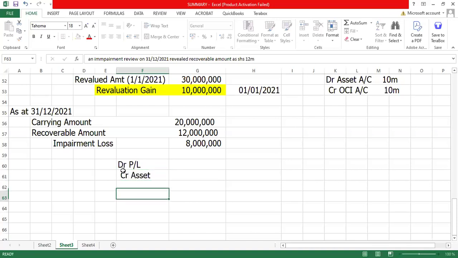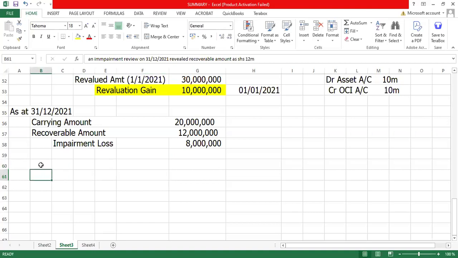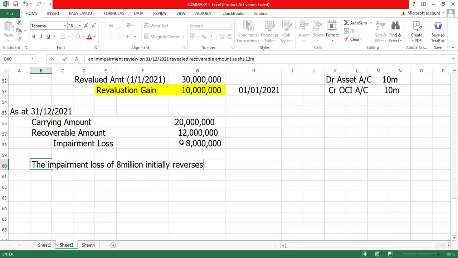But what you will do in this case, the impairment loss of 8 million initially reverses the previous gain in OCI.